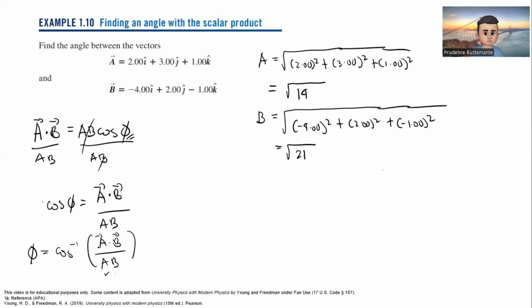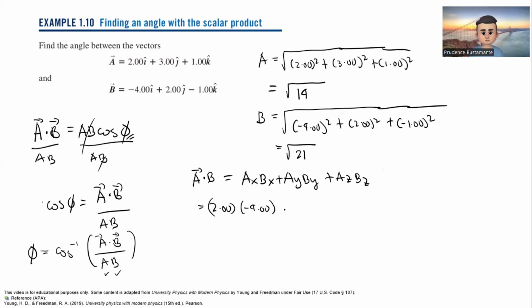Okay. So now we have this one already, and we have this one. We need to find A dot B. As you recall, A dot B is just equal to AX BX plus AY BY plus AZ BZ. So AX is 2.00, the BX is negative 4.